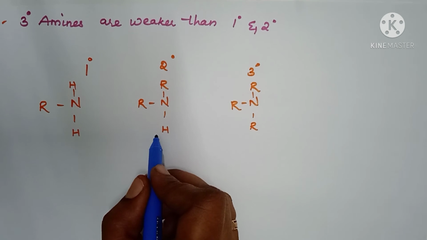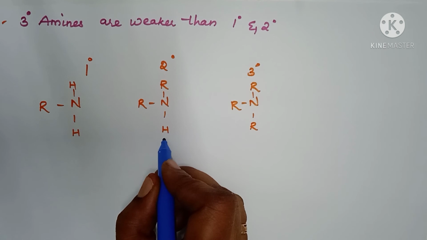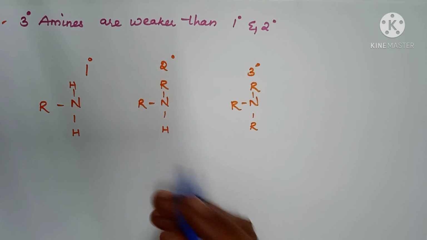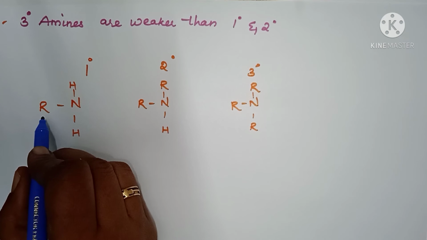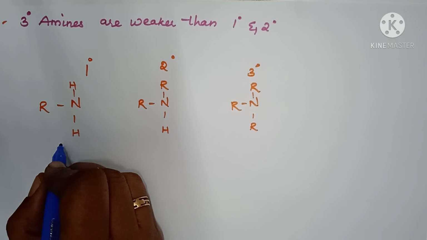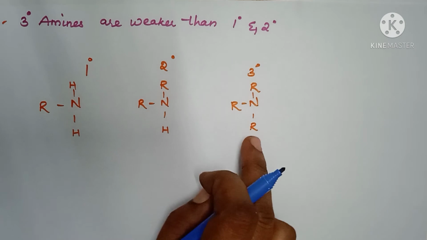In secondary amine, on one side there is one hydrogen atom ready to react with another molecule. But in primary amine there is only one alkyl group, so primary amines are ready to react with other molecules faster than the tertiary amine.